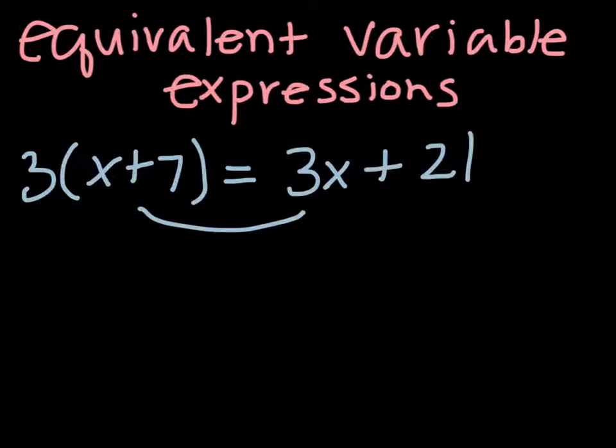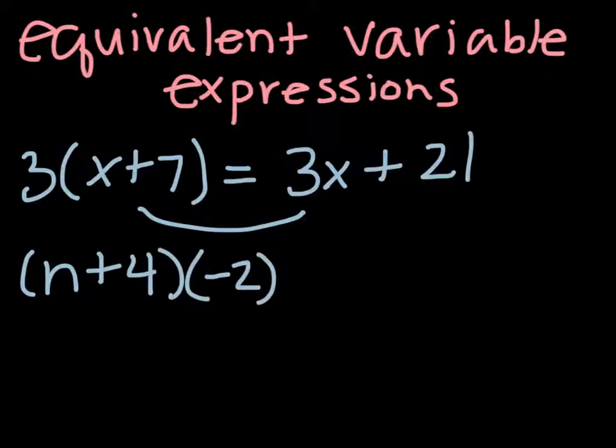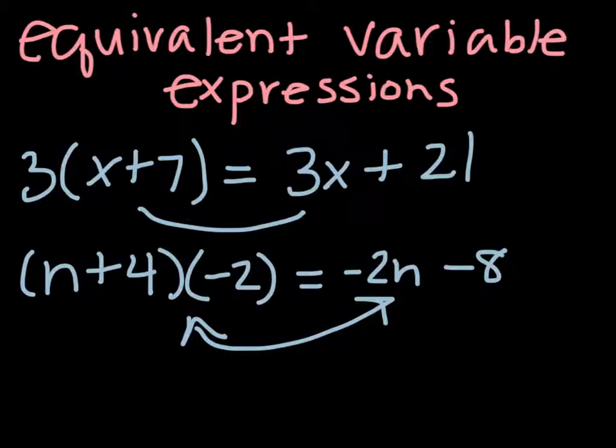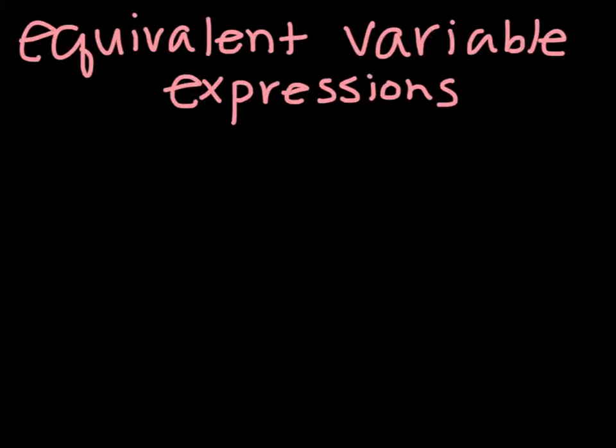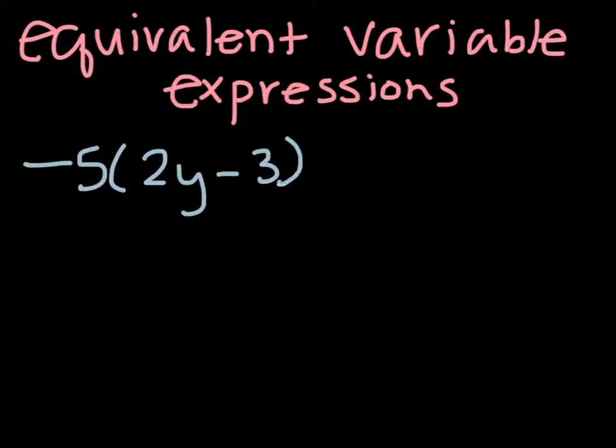Here's another example. N plus 4 times negative 2. Once again, we can use the distributive property, negative 2n minus 8, to find our equivalent variable expression. And here's a final example. Negative 5 times 2y minus 3.